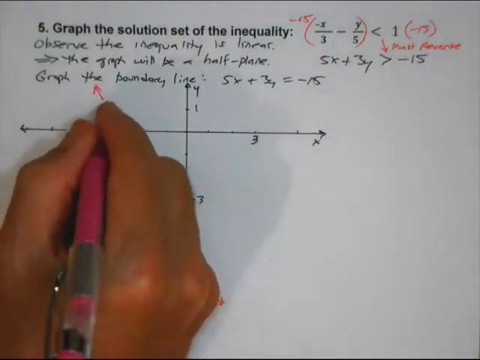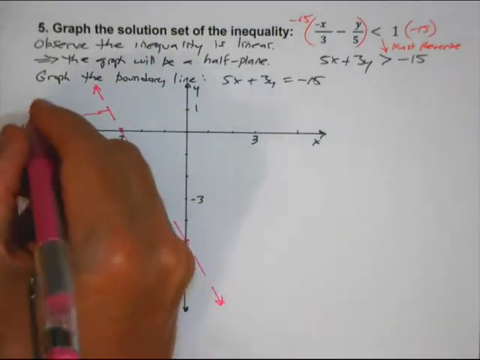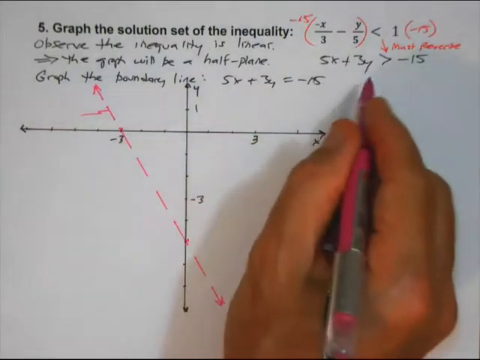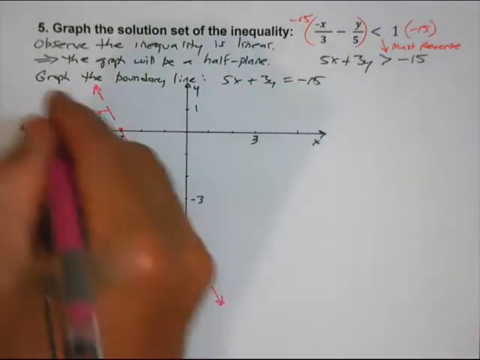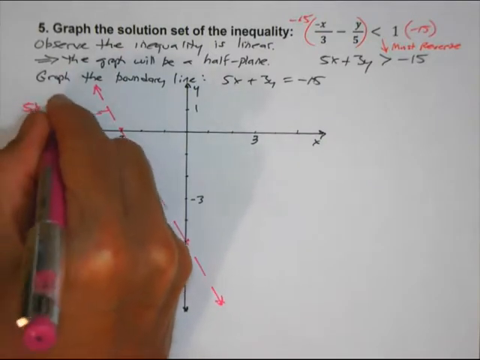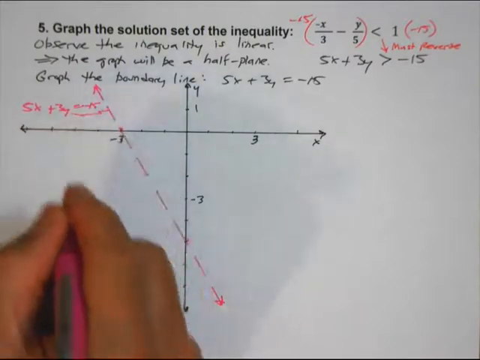The line here, we could label with its manipulated equation. Okay, I guess we can do that: 5x plus 3y equals negative 15.